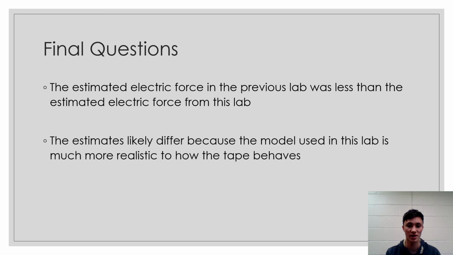In conclusion, the estimated electric force in the previous lab was less than the estimated electric force in this lab, and this is likely because the model in this lab is a lot more realistic to how tape behaves and how the electric field from the charges that make up the tape likely interfere with each other due to the superposition principle for electric fields, and therefore would take an overall greater charge on the tape to achieve the same amount of electric force from the bottom tape on the top tape.